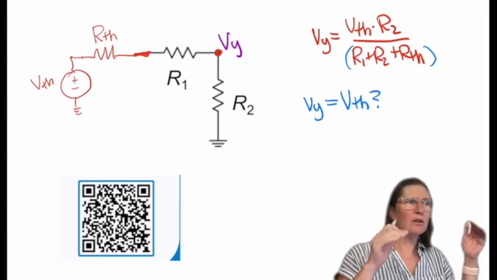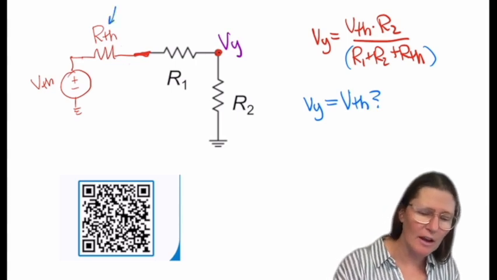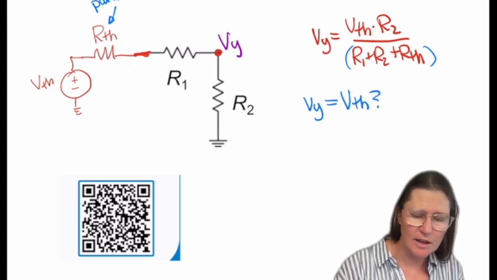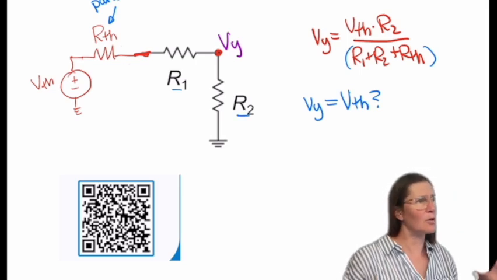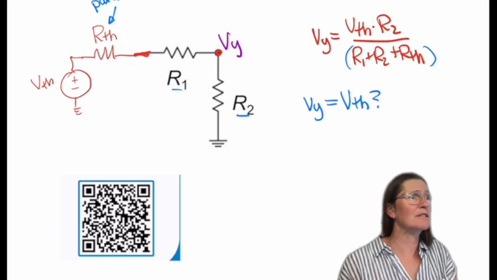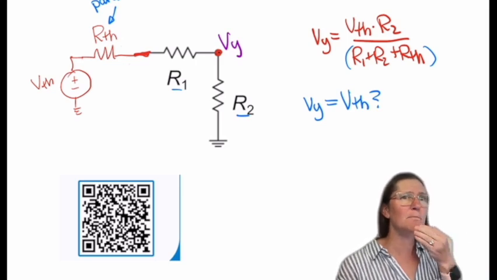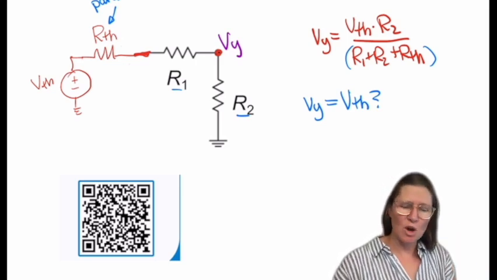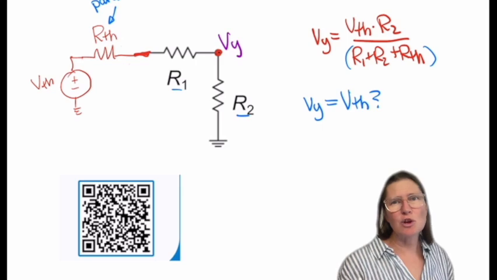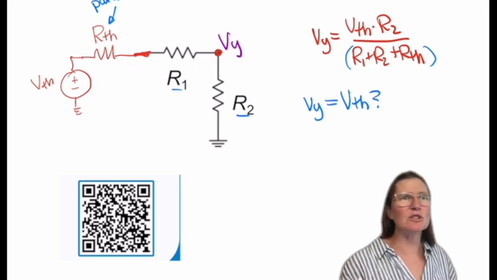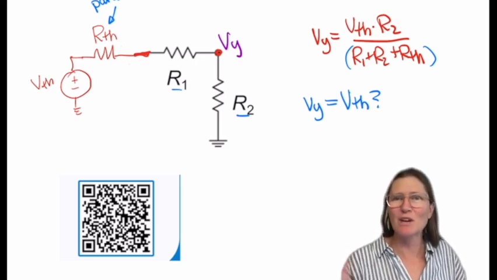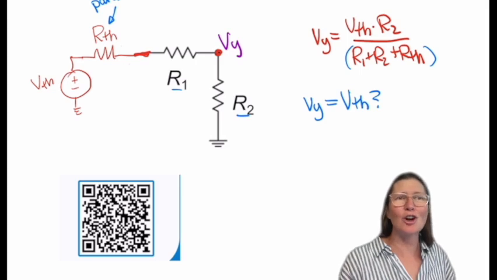But remember, this is a parasitic effect, and these are values that are just there in the circuit. Ideally we want VTH going in, but there's no way to make these equal, right? Because these have to have some value. R2 has to have some value, and R1, R2, and RTH all have values.